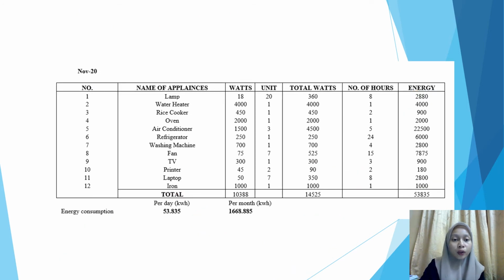Next, on November, we choose the laptop. The watt is 15 kilowatt hour. They have many units, there is 7, and the total watt is 315. So the time used is 8 hours.